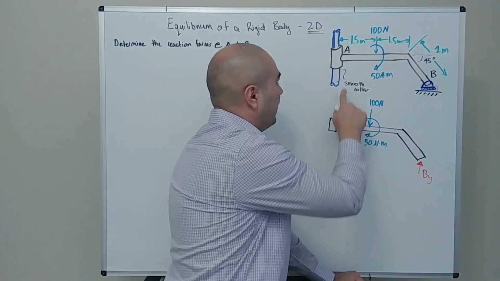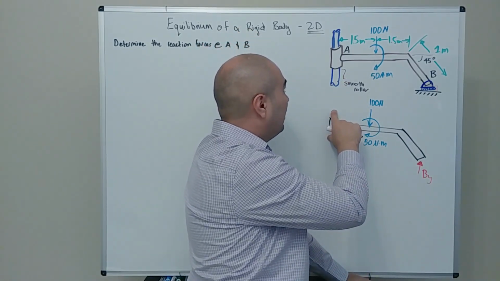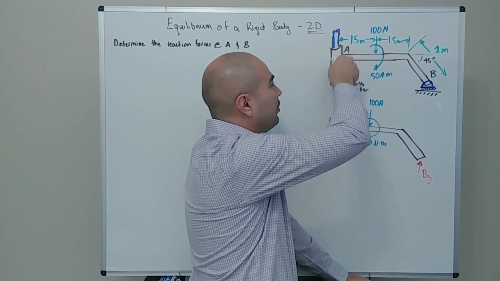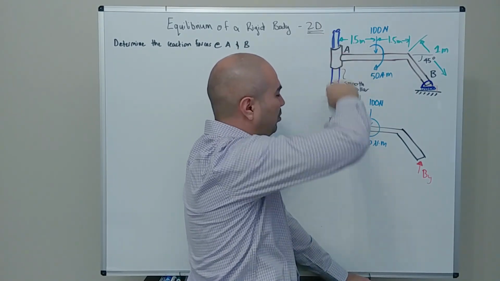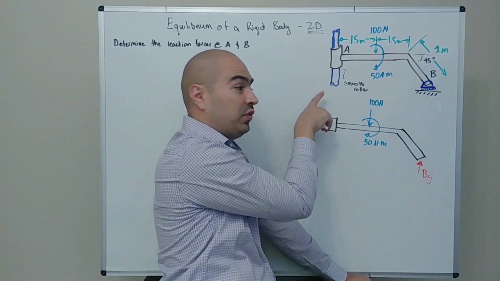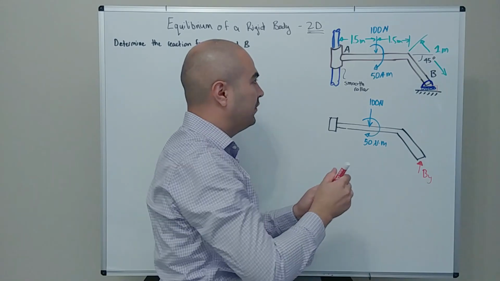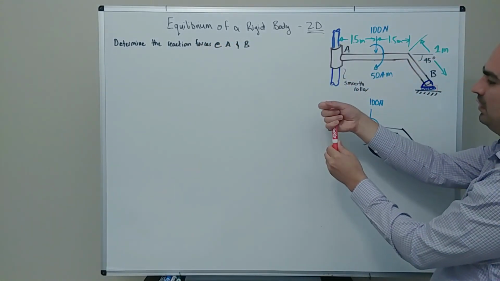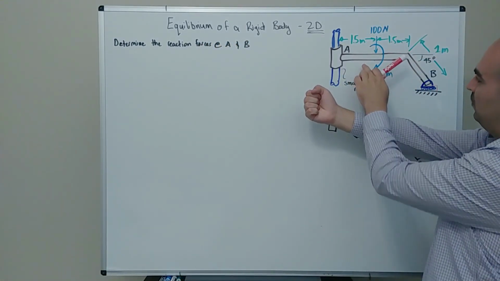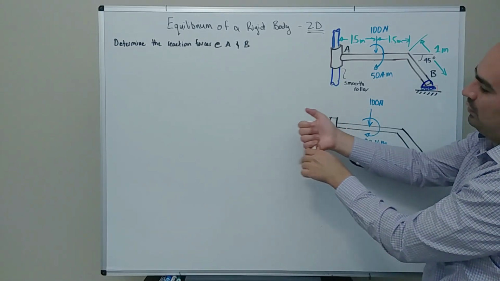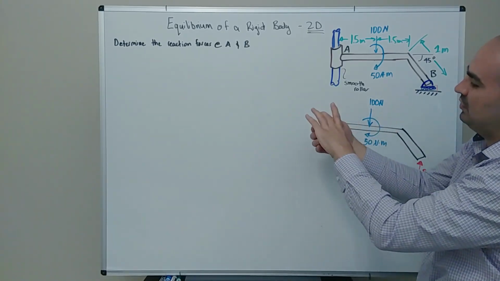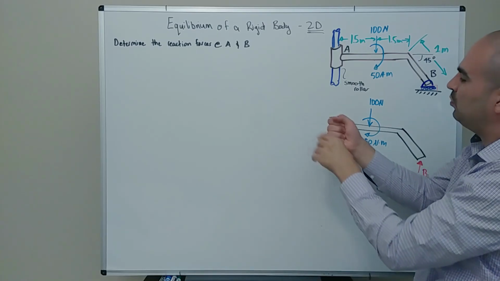Now let's go to point A. Over here we have a collar. It is smooth. So smooth means it can slide up and down, no problem. So we're not going to have a force here in the Y. But I hope you can tell that if I have a smooth collar over here, and this is my rigid body, I can't move in the X direction because the collar is keeping me from doing that.